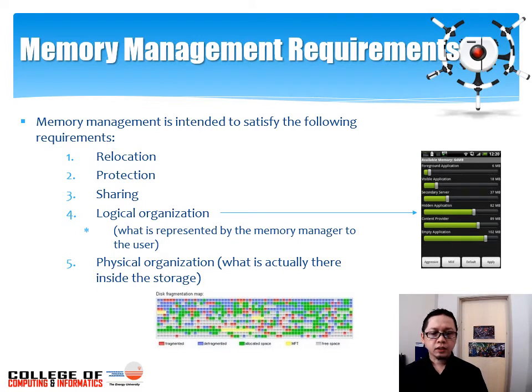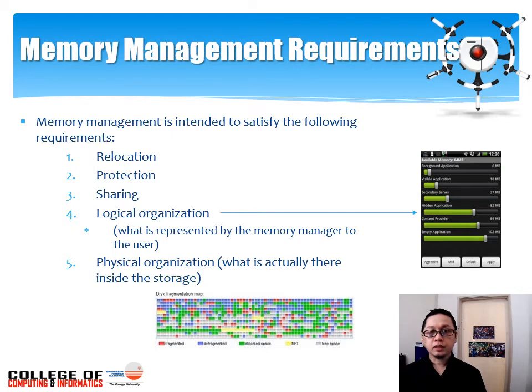Third, of course, is the sharing capability. When we are loading these processes into the memory location, it is good to have sharing capabilities where we can share data, and perhaps this data can be reused by other similar processes, provided it has the correct permission to do it.